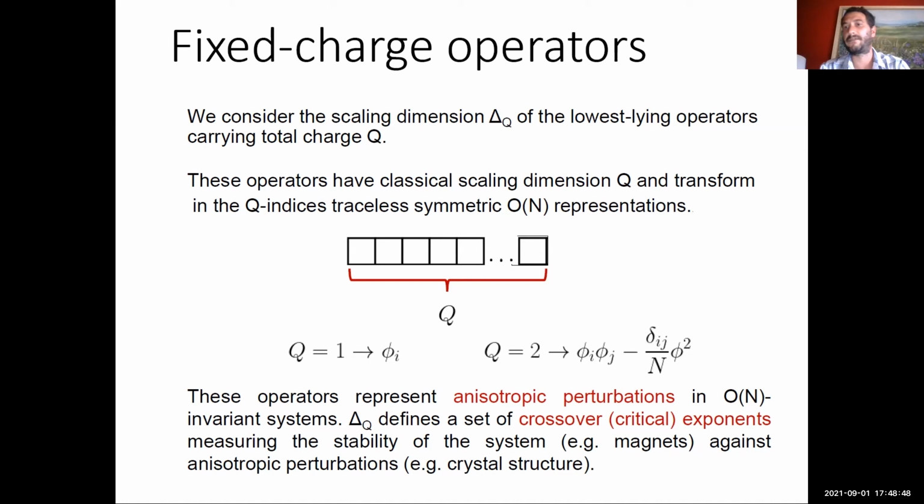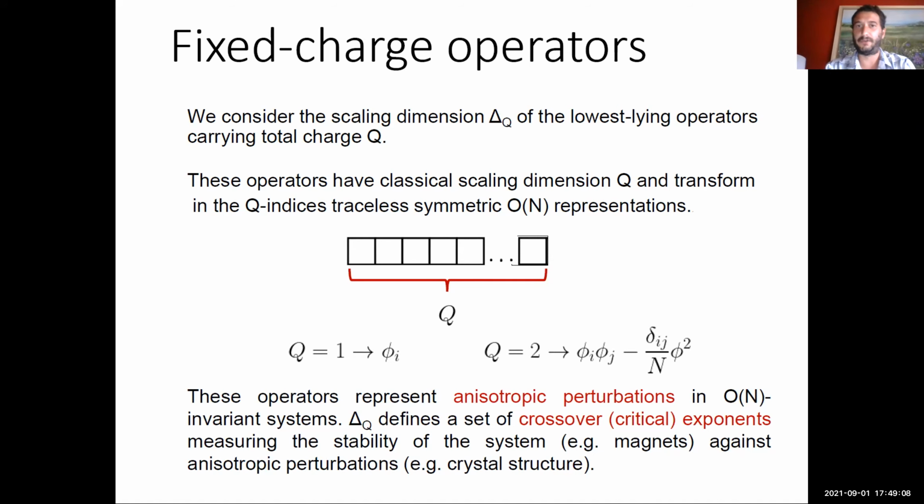For instance, we can have Heisenberg magnets and ask how the crystal structure of the magnets perturbs critical behavior. And this is measured by this quantity, the scaling dimension of the charged operators.